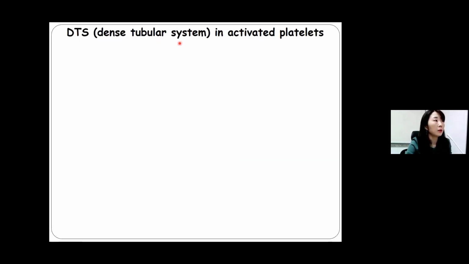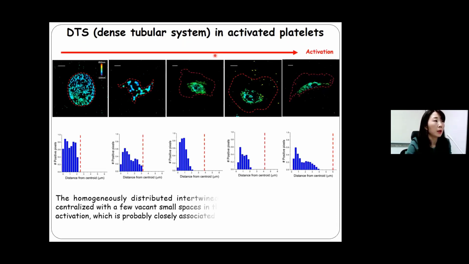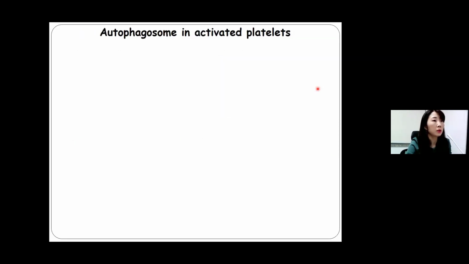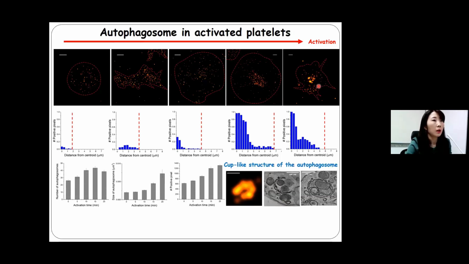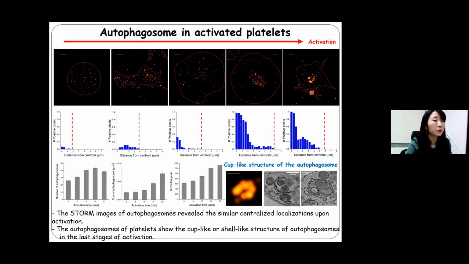Interestingly, the DTS, in other words the ER in platelets, also shows a similar pattern. So upon activation, the DTS shows centralization. And in a similar way, autophagosomes also show centralization upon activation, as shown here. So in conclusion, all of the double-membrane organelles, including mitochondria, ER, and autophagosomes, show this centralization upon activation.